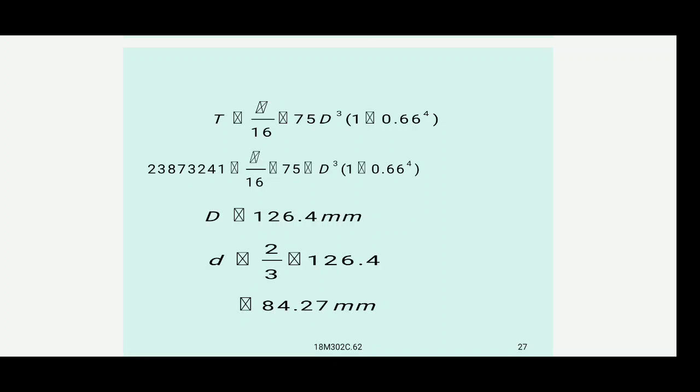Torque T is equal to pi by 16 into 75 into D cube into 1 minus 0.66 to the power of 4.